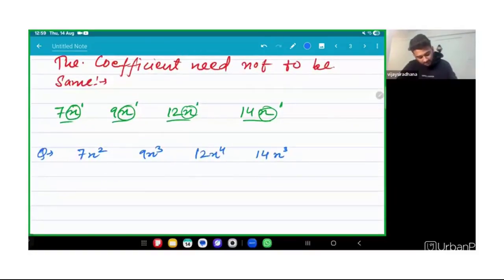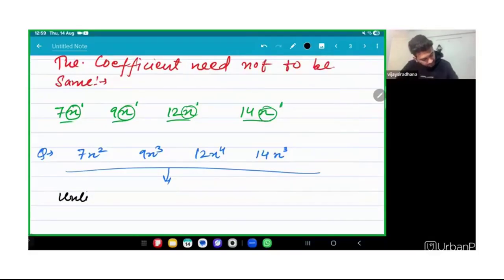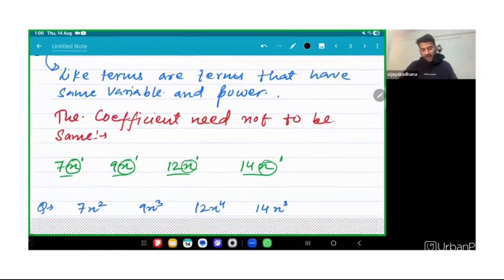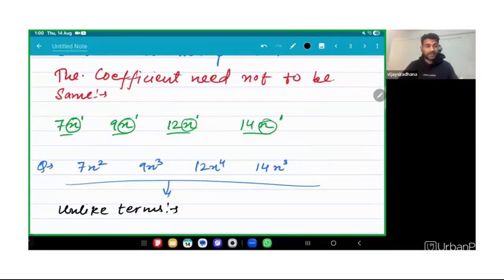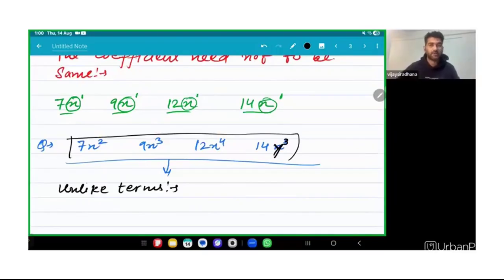Why are they the unlike terms? Because first of all, they don't have the same variable. Or if they are having the same variable, then you must check the power of the variable. So in all the 4, this one is having variable y, the other is having variable x.